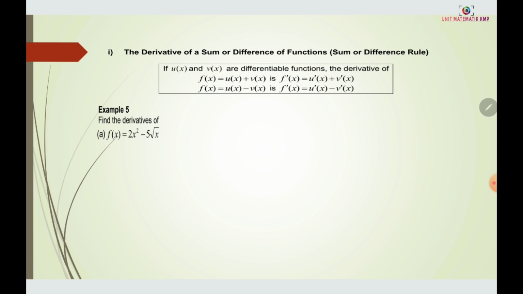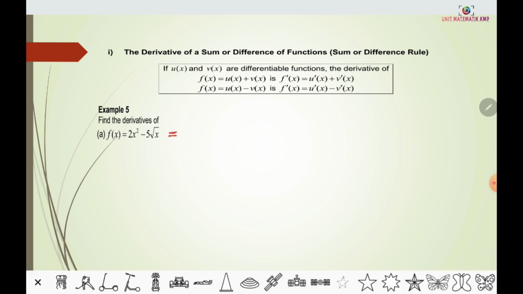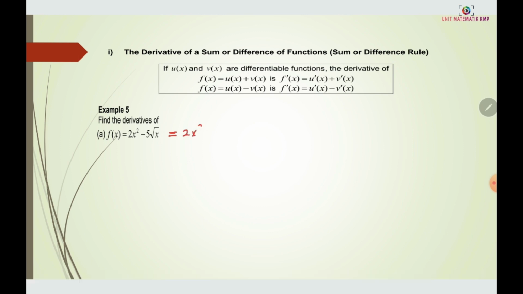Okay, so we need to try this example. We have f(x) equals 2x squared minus 5 root x. First we change the root in terms of power. So we know that root is equal to power of 1 over 2. So we have 2x squared minus 5x power of 1 over 2.